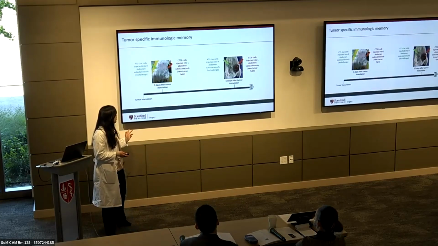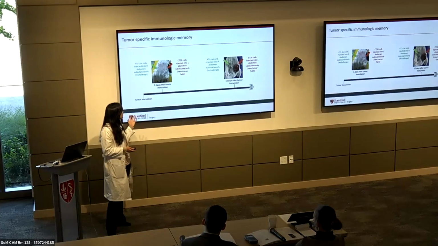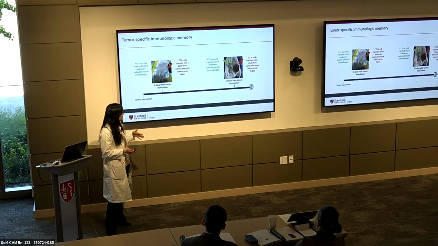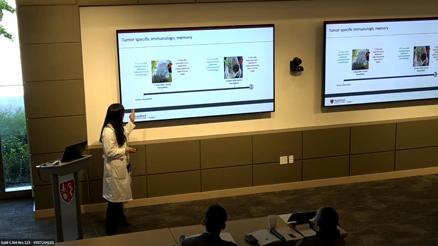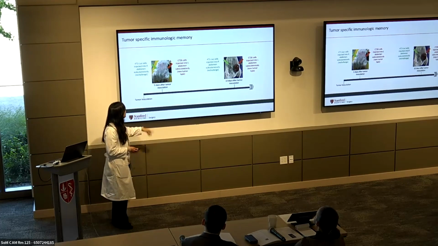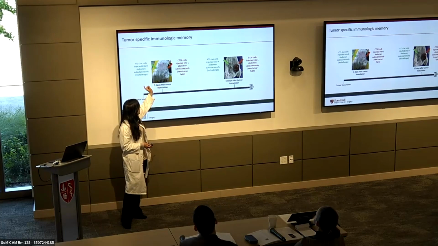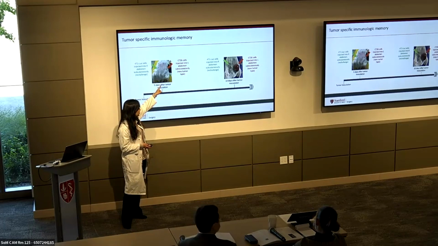The one other thing that we found interesting was that survivors from the prior experiment were re-challenged with re-injections of the same tumor type versus a new tumor type, and these are long-term survivors. And we found that 5 days after tumor inoculation with the same cell type that they've been exposed to, on this side, and then a new tumor cell type they had previously not been exposed to, they start developing a tumor on the side where they received injection of the new tumor cell type.